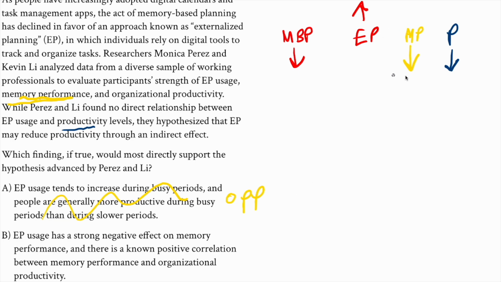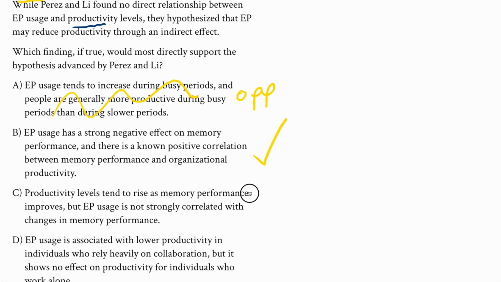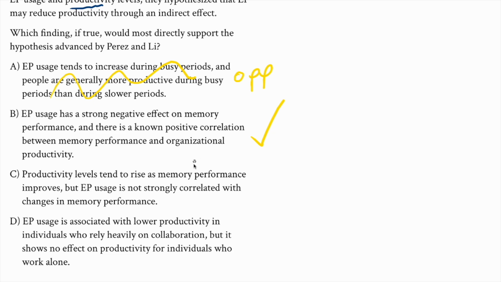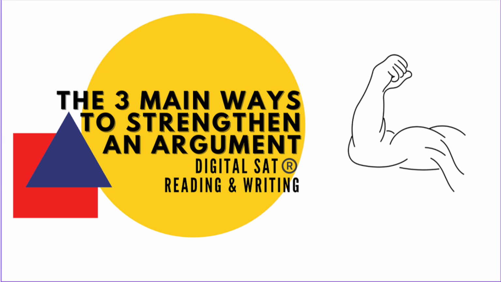And so here, what we would be doing is supplying that additional evidence that is needed to link our partial evidence to the conclusion, the idea that productivity is going to decrease as EP increases. And again, I mentioned that I went over this question in more detail in another video, and so I'll refer you to that one for a discussion of incorrect answer choices, C and D.